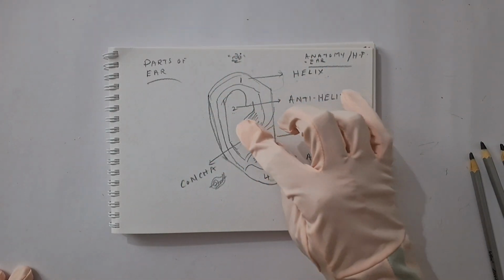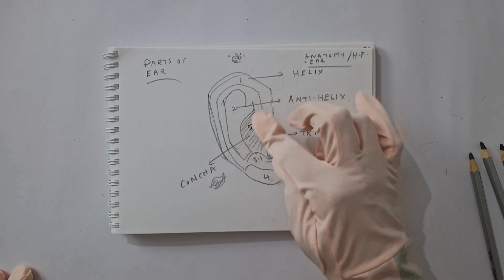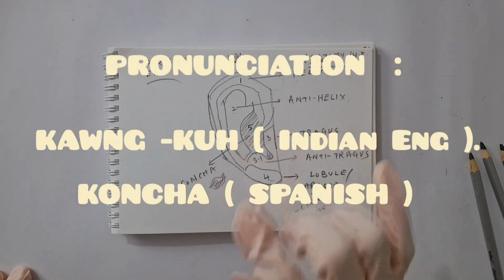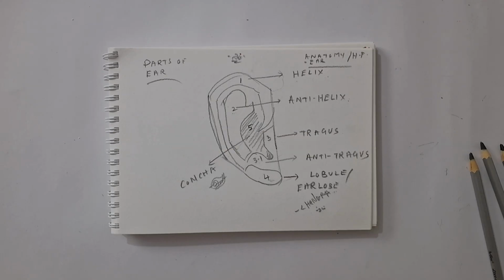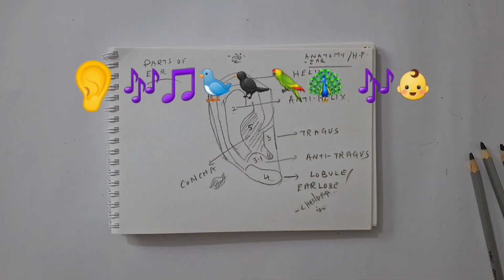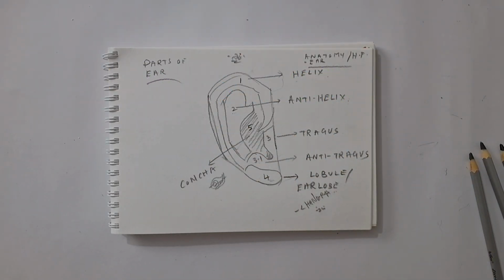Number 5 here, the shaded portion is the concha. It acts like a satellite dish to collect and funnel sound waves inward towards the eardrum.